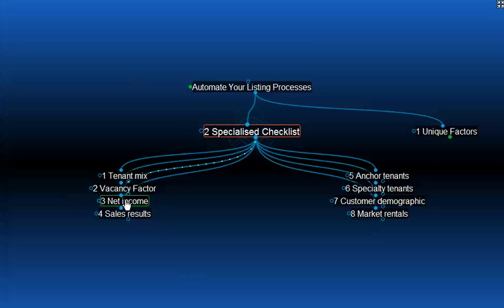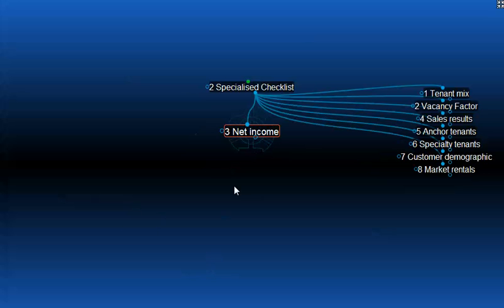So, number 3, net income. The net income for the property will be driven from the gross income and also the impacting results of expenditure. So net income comes from gross income less expenditure. Now, of course, within the expenditure category, I would be very interested to know that the outgoings for the shopping centre are within the industry standards for the property type and the location.